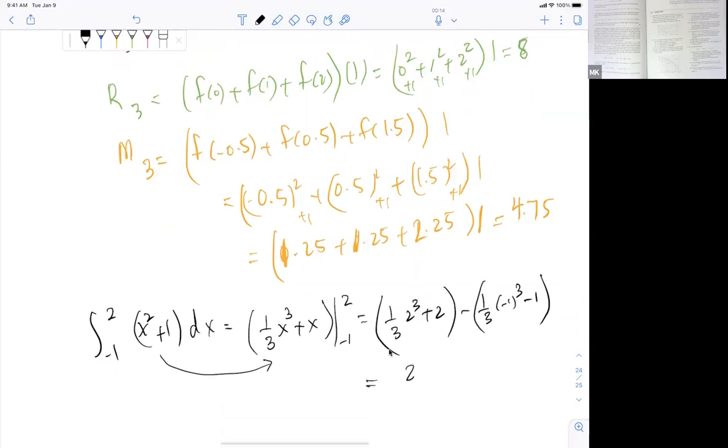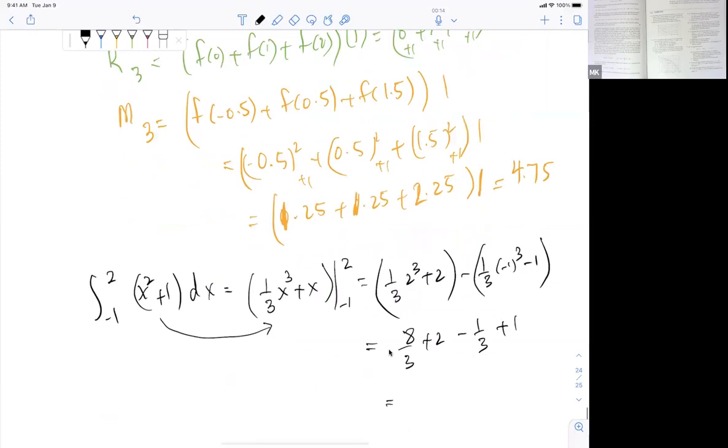So it's going to be 8/3 plus 2 minus negative 1/3 minus 1. So it's going to be 9/3 plus 3, which is going to be 16/3, which is approximately 5.33.